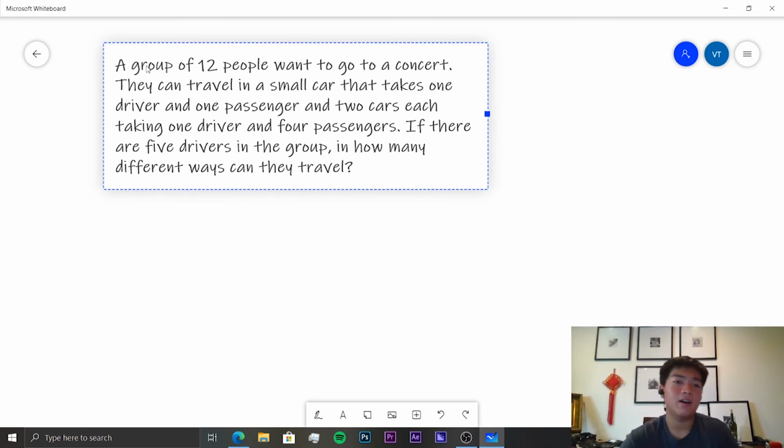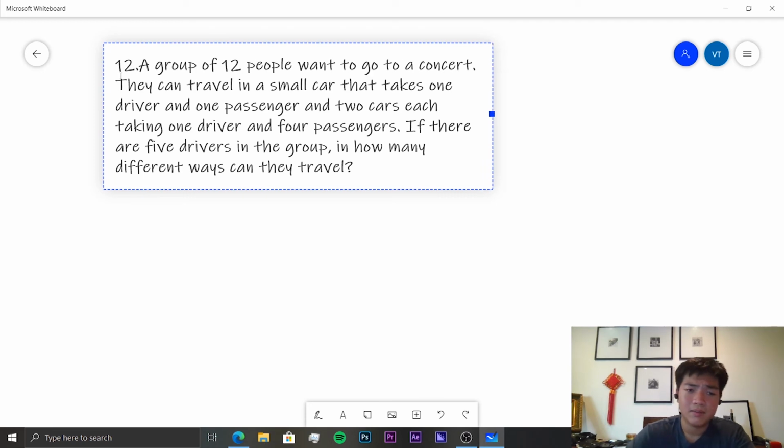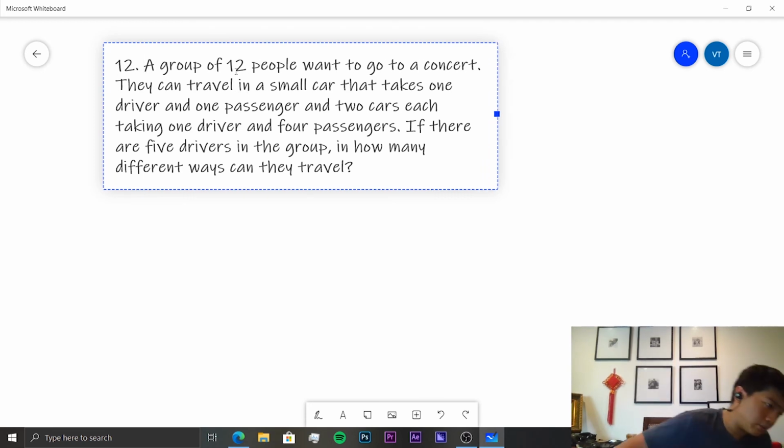So this is going to be combinations, obviously, but let's see where this goes. First, you have to pick the driver of the car. Out of the 5 drivers, there are only going to be 3 drivers, since there are only 3 cars.